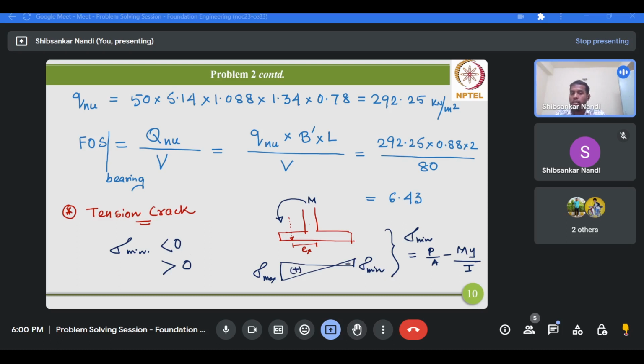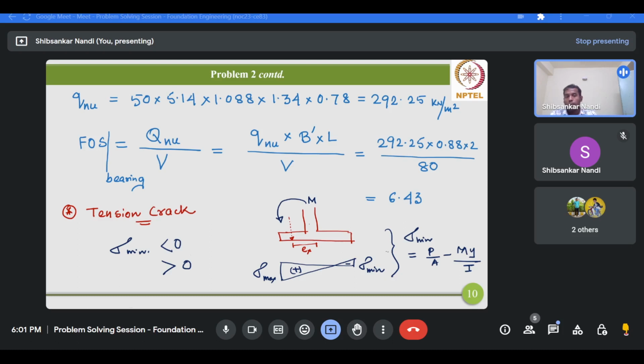It can resist compression, but it cannot resist tension. And as and when tension is generated beneath the footing base, a gap is created between the adjacent soil and the footing surface.